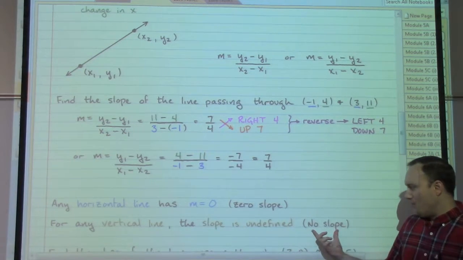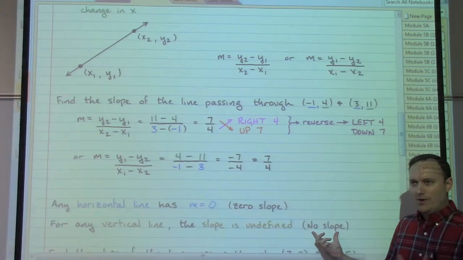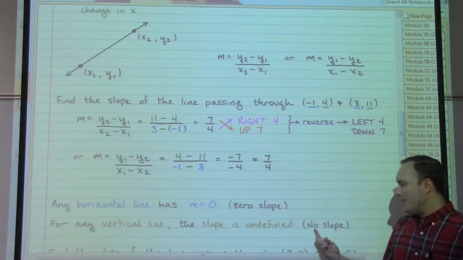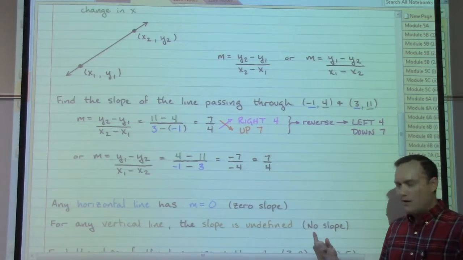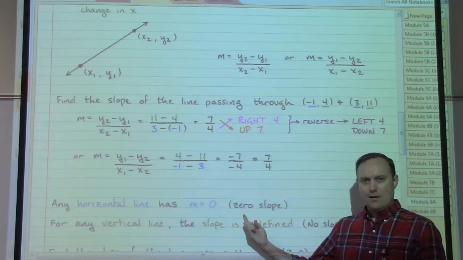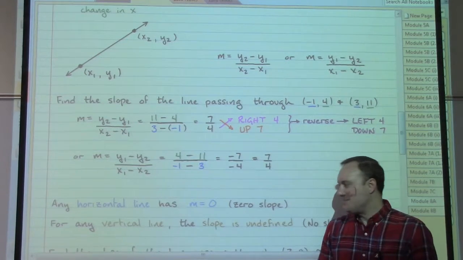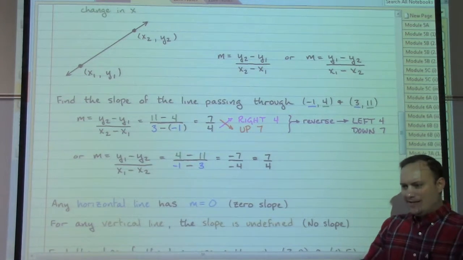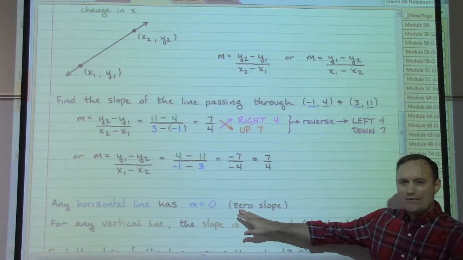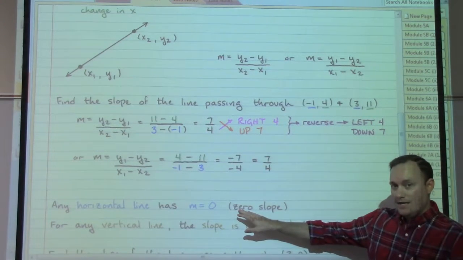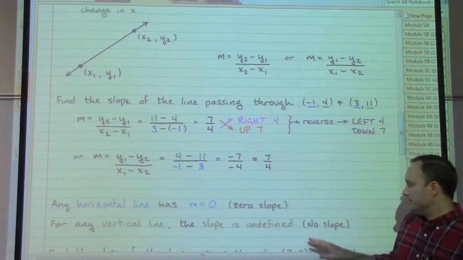So we actually have one of the very few times where there is a difference in math between the idea of no thing and the number 0. So this is one of the only times that we've actually seen this sort of different understanding. 0: there is a slope. It is the number 0.